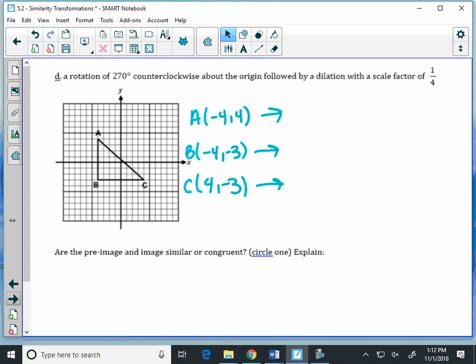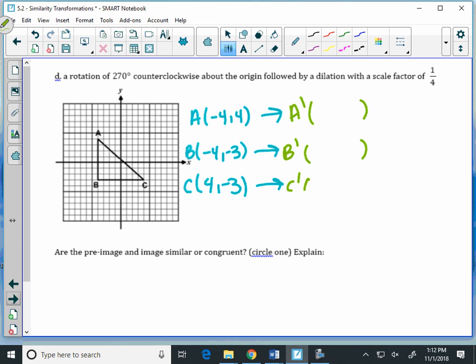Brooklyn, when we do a 270-degree rotation, what do we do? I like to flip first. So when we flip, again, just switch the numbers first. And then go through, change the second.